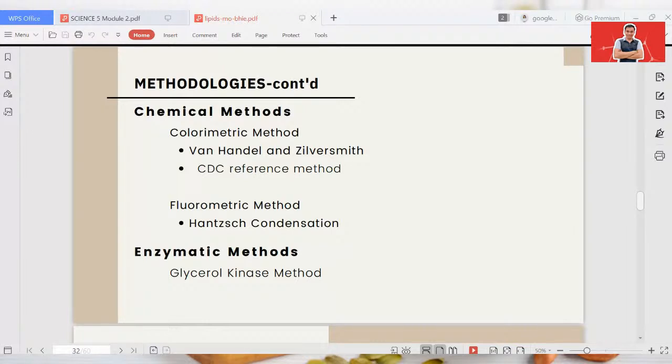The lutidine derivative, which forms fluorescence, forms the basis of the fluorometric procedure, especially suitable for automated analysis.